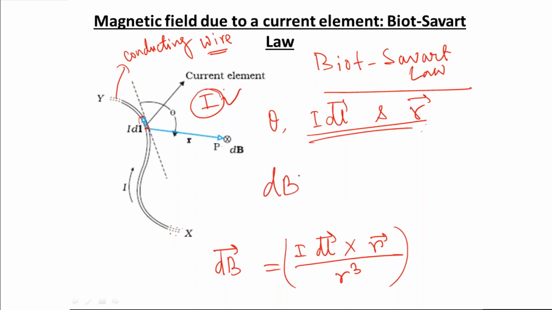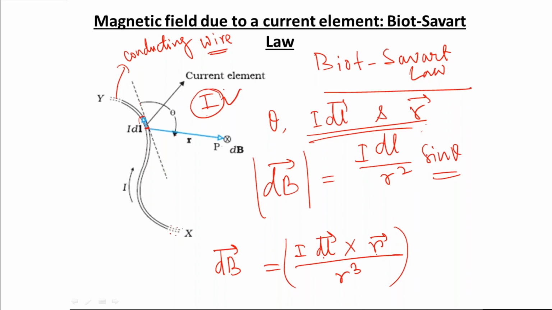So this is the vectorial form of the Biot-Savart law. If I want to know the magnitude of this, I can write I dl by r square into sine theta. As you know, dl cross r is a cross product, and the angle between these two is theta.